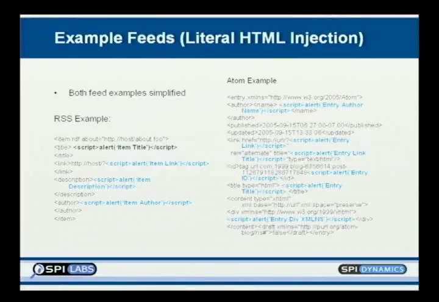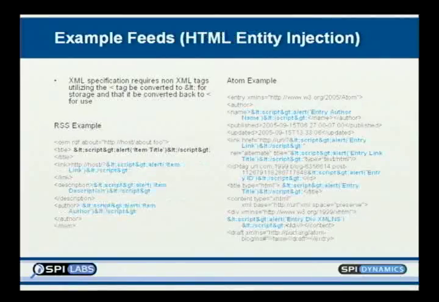This is the literal HTML injection, where I just stuck it in there, and this is the HTML entity one. As you can see, instead of a left bracket, you have ampersand LT semicolon, and the corresponding tag to that. XML specifies that if you have certain characters, like, for example, just one left bracket, you should be converting that to an HTML entity for storage.